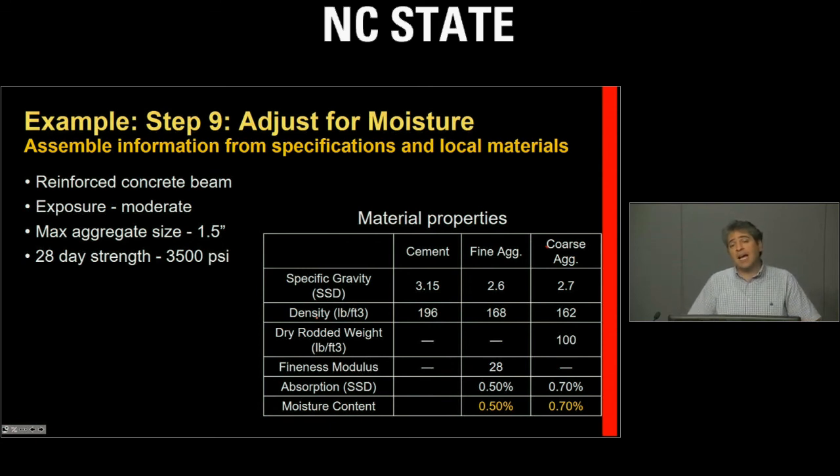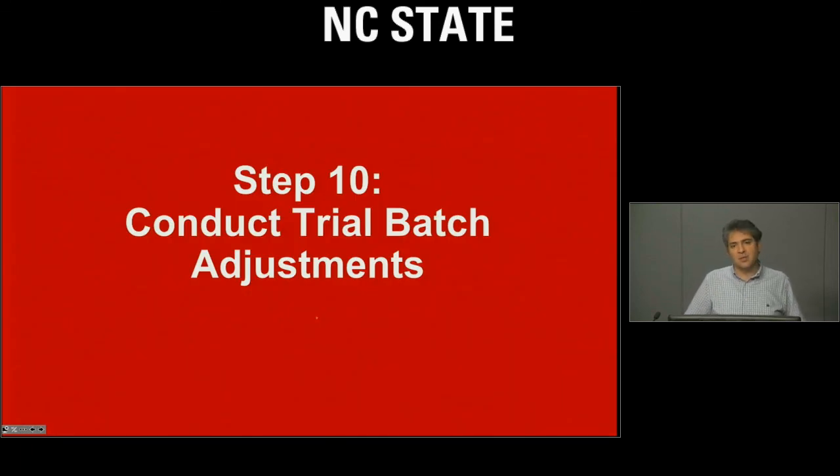We have to just add to or subtract from the mixing water the amount of water that is lacking or extra in the mixture. For this particular example, we see that these for both coarse and fine aggregates are equal, and therefore we can skip this step and move on to step 10, which is to conduct a trial batch.